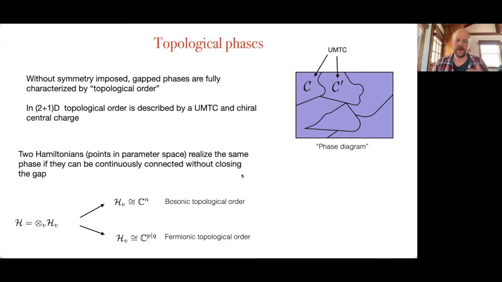Now, what about bosonic versus fermionic phases of matter? Well, at the microscopic level, meaning Hilbert spaces and Hamiltonians, it's very easy to distinguish the two. A bosonic topological phase is built from bosonic Hilbert spaces, so just tensor products of C to the n, whereas a fermionic Hilbert space is built from tensor products of supervector spaces, which I've used the notation C^{P|Q} here, which stands for P even fermion parity vectors and Q odd fermion parity vectors.